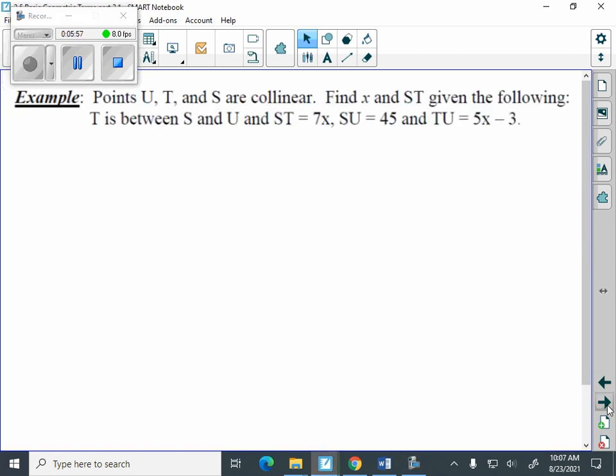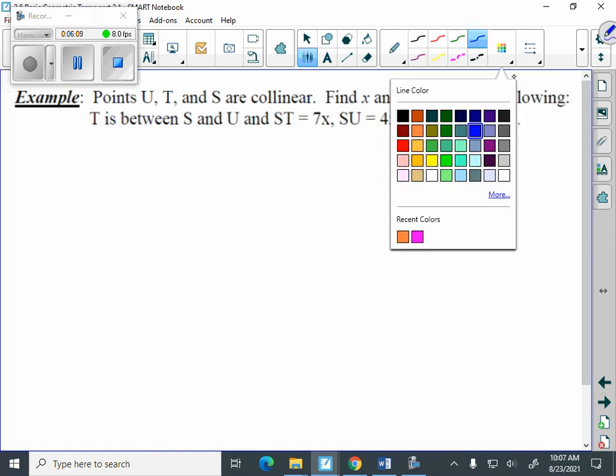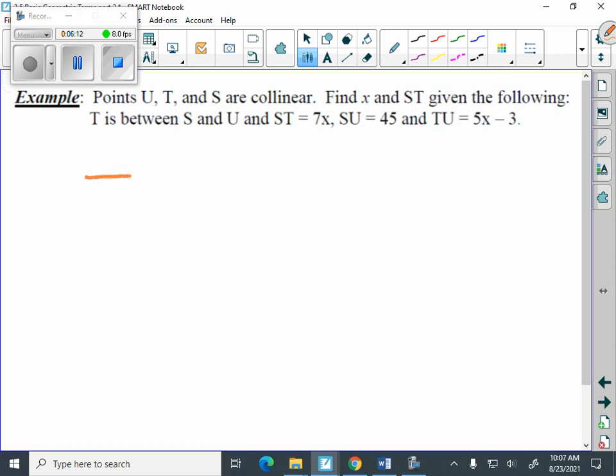Now if we look at this one, points U, T, and S are collinear. We don't have a picture this time, so we're going to have to draw it. T is between S and U. So when we draw our picture, here's a segment. Here's U, T is in between, and S. It says find x and ST, given that ST is 7x.